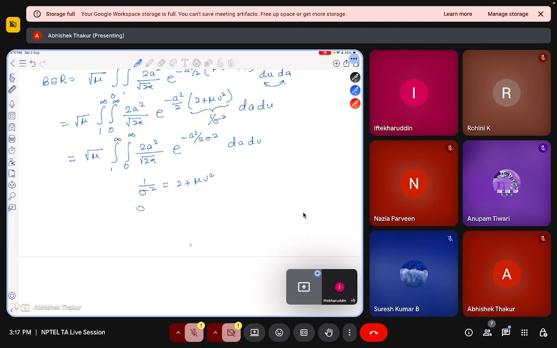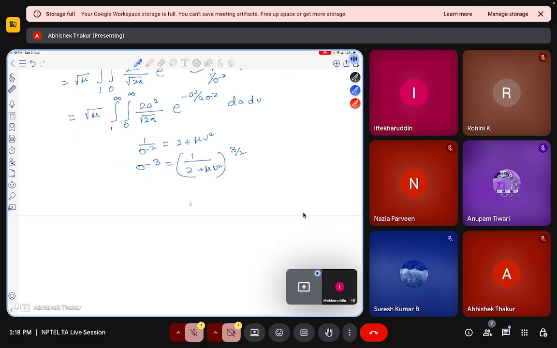So sigma cube will be given as 1 by (2 plus mu u squared) to the power of 3 by 2. Okay, because this is a square root, so 1 by 2 will come, and then we are raising it to the power 3.